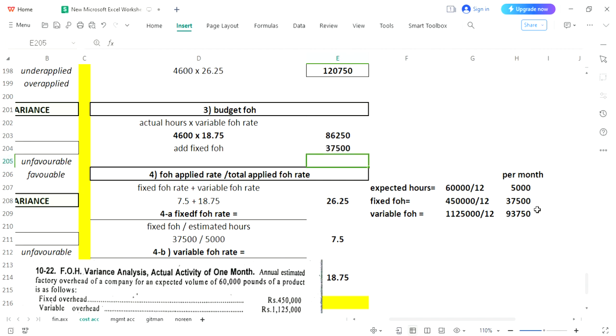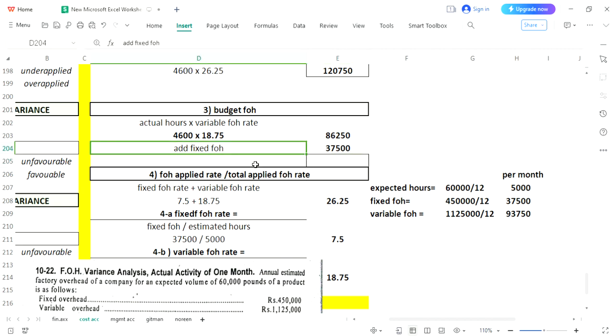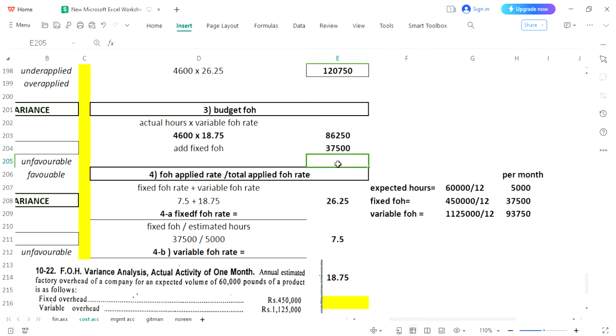So what you will do, you add both elements, because what is written over here is add. So you need to add 86,250 to 37,500, which is your fixed FH. So budget FH has also been calculated.